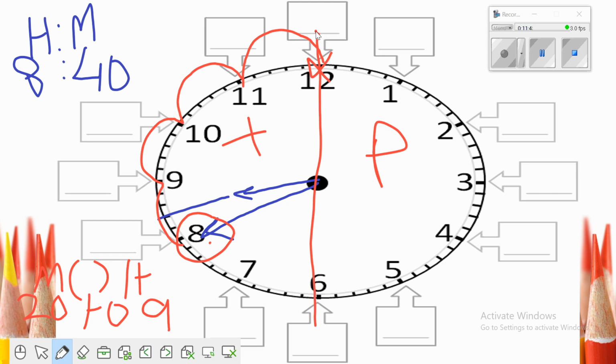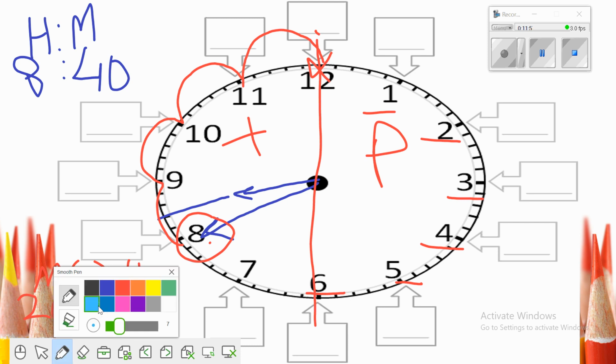Here I have to set a clock. Here is 5 past, 10 past, quarter past, 20 past, 25 past, half past. Now I am in to. Let's change the color. Here is 25 to, 20 to, 15 to or quarter to, 10 to, and 5 to.